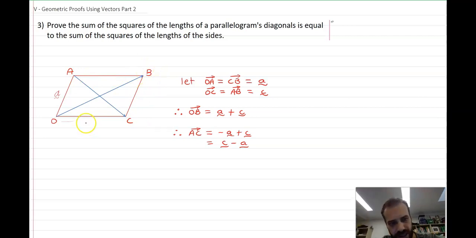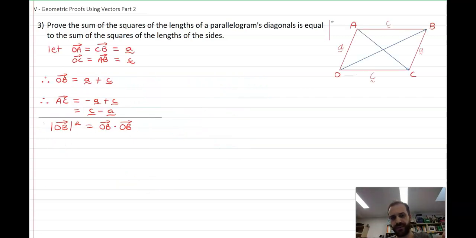And we'll call that vector C. All right, so we've got an A and a C. And similar to our previous proofs, we can now say that vector OB is equal to A plus C. And vector AC is a little more complicated. It's negative A plus C, or C minus A. All right, so nothing new there. We're just setting the scene for our two diagonals.